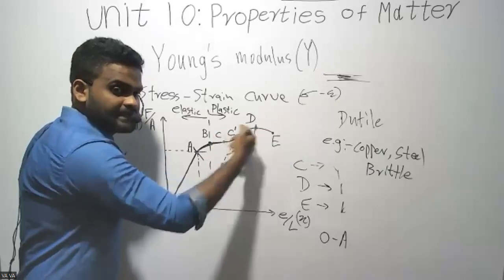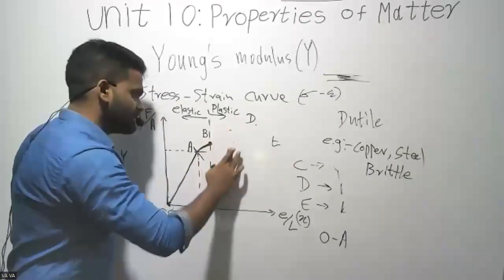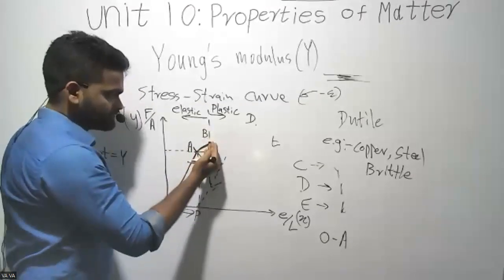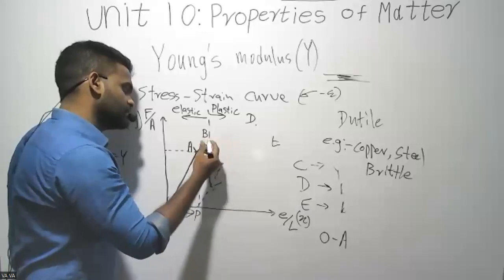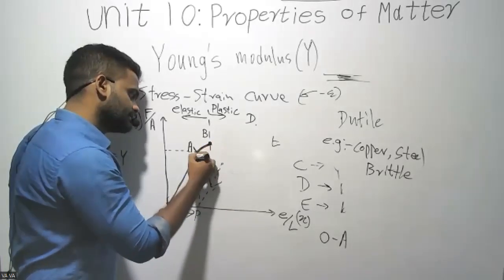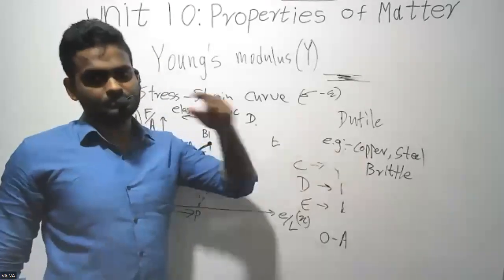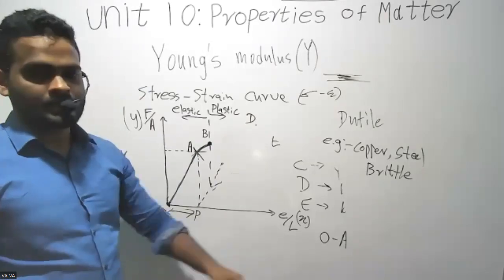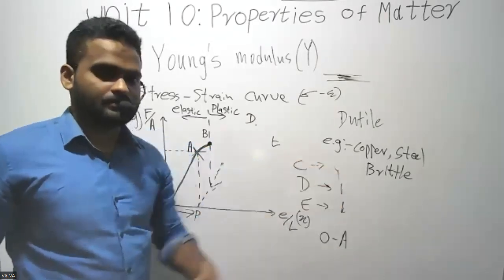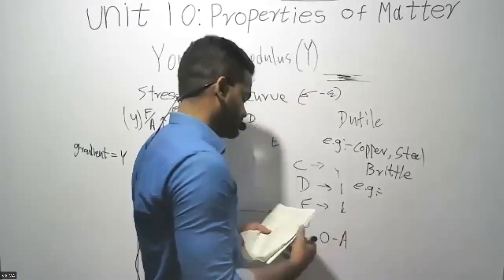They don't keep extending, so for those materials the graph goes only up to the elastic limit. Write down examples.